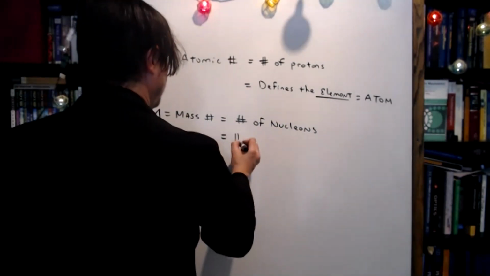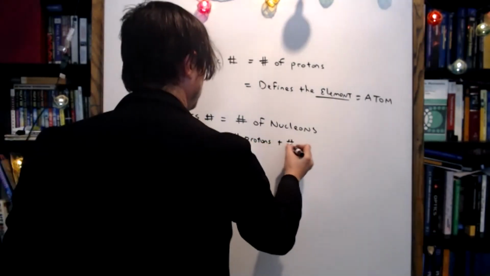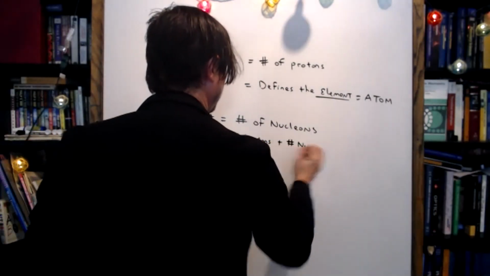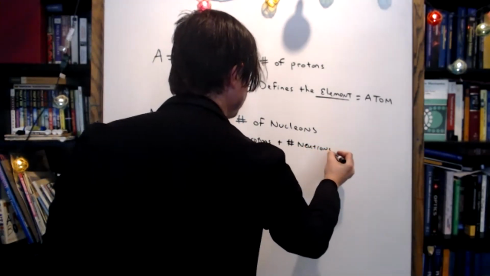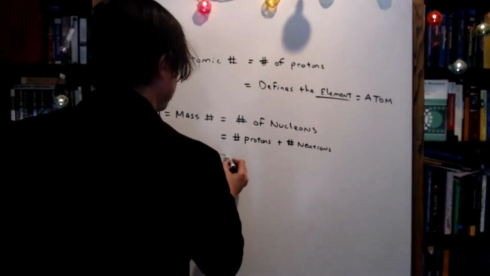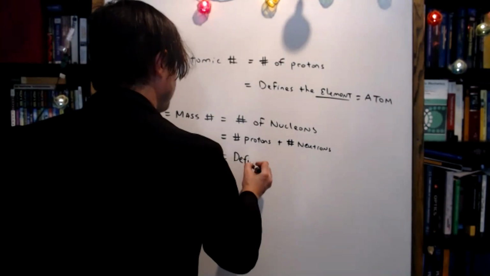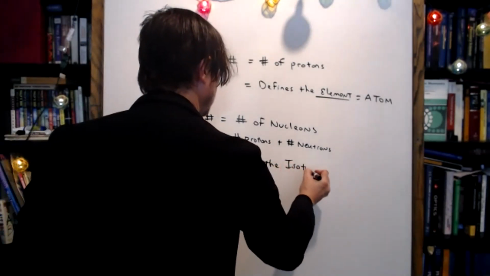That means it's the number of protons plus the number of neutrons. The importance of the mass number is that it defines the isotope.